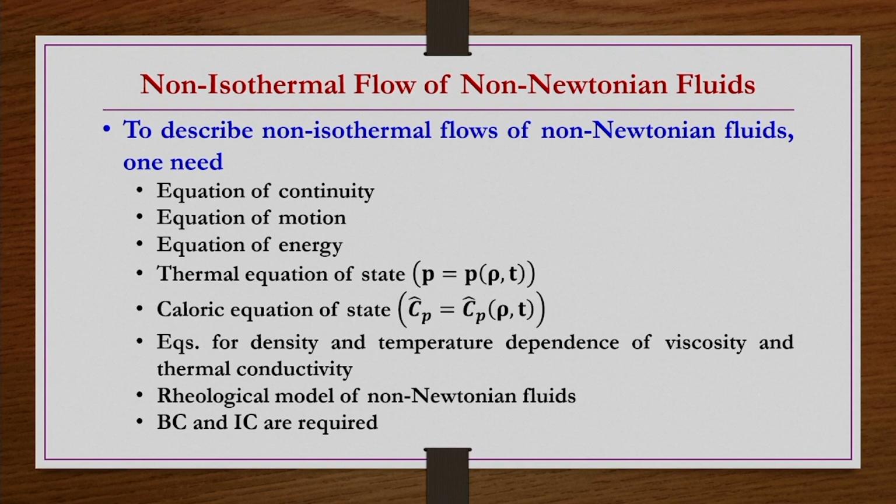Even for isothermal systems, if the velocity depends on more than one variable, then it becomes very difficult. At least in the isothermal flow cases, we can say that velocity is a function of only y or only z, or velocity is a function of r, etc. We can deduce that from the basic problem statement.